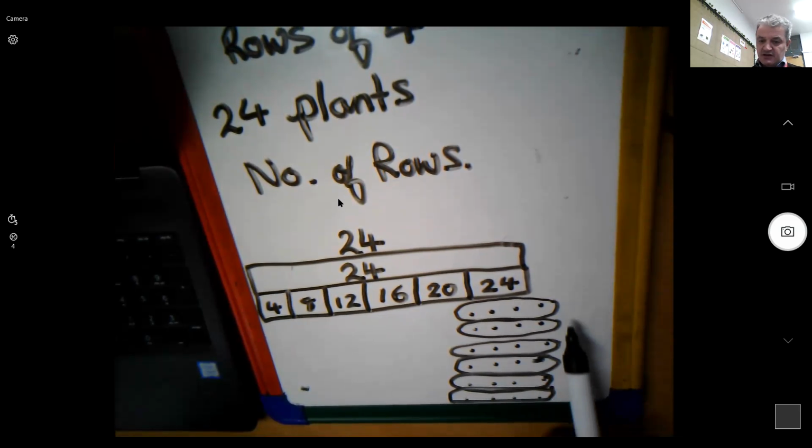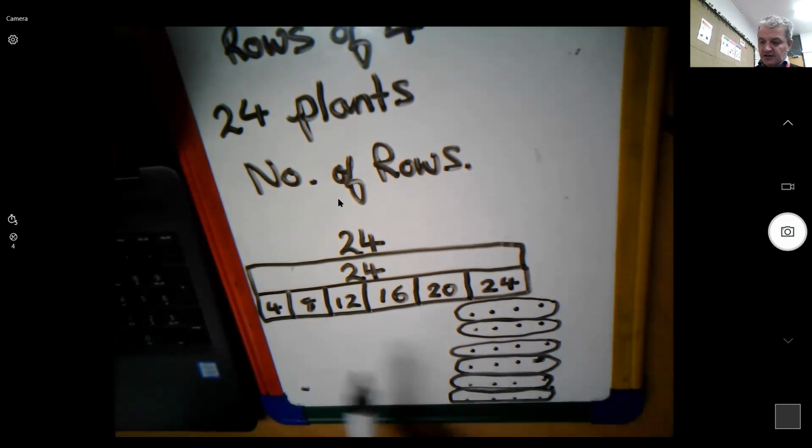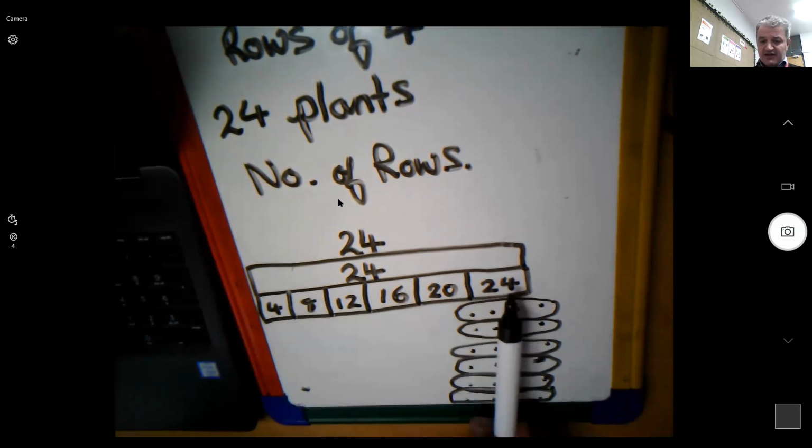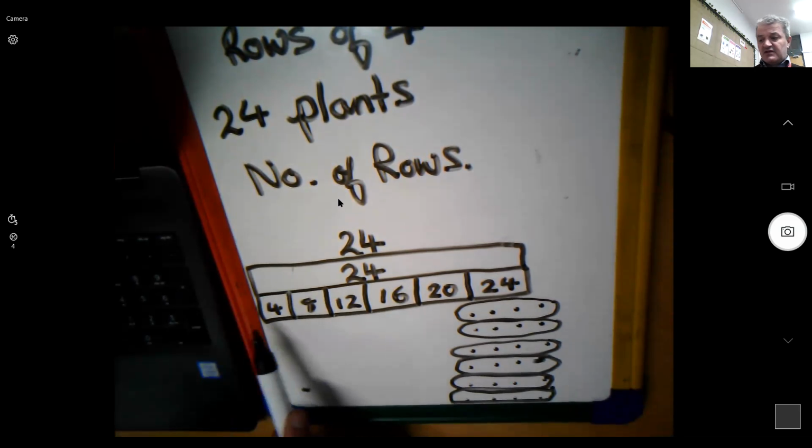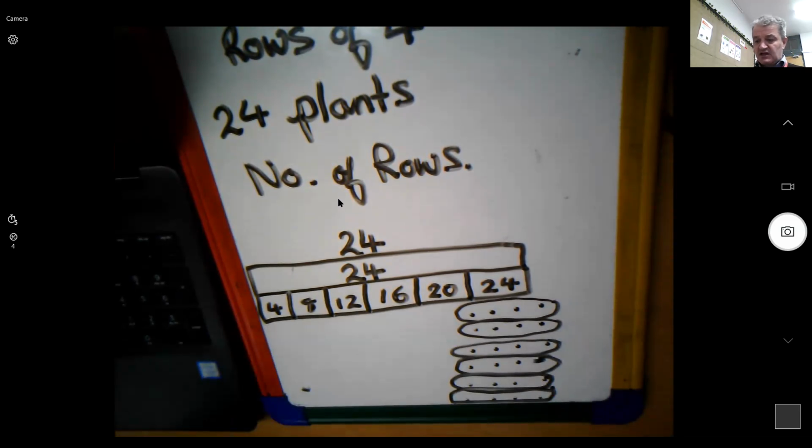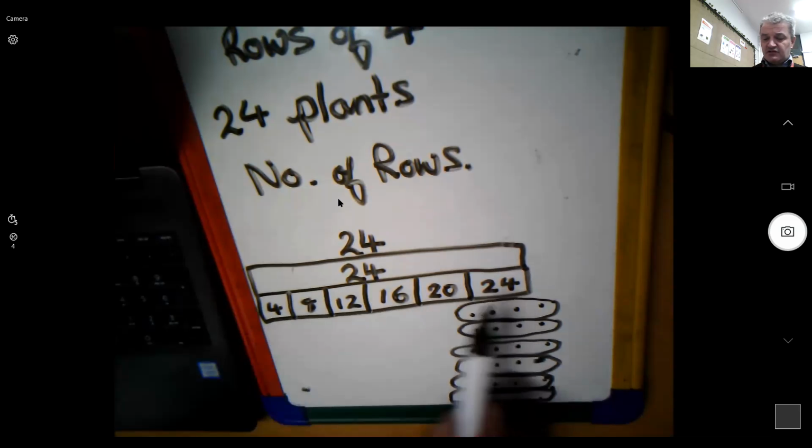The mathematical term we use is an array. And this is a bar model. It's just a quick sketch that helps us solve mathematical problems. This is only a one-stage maths problem, so it's quite straightforward. But it's very useful sometimes, particularly when we go into fractions or comparing fractions or percentage problems, for the children to get used to bar models.